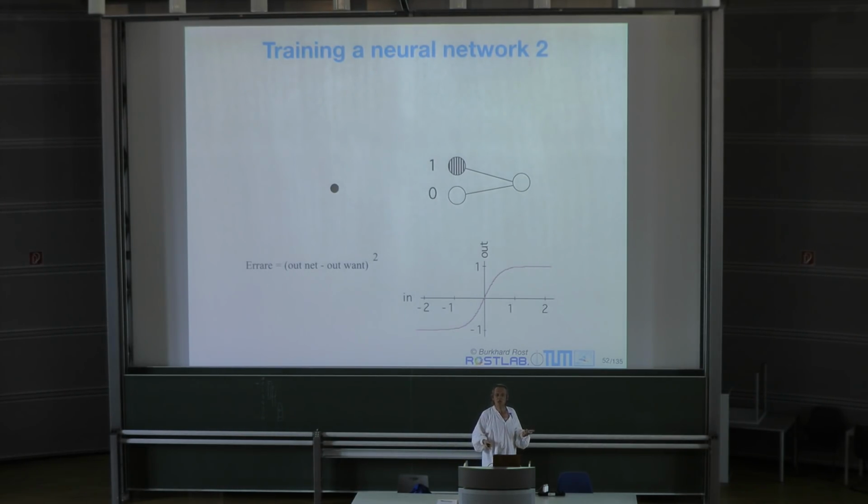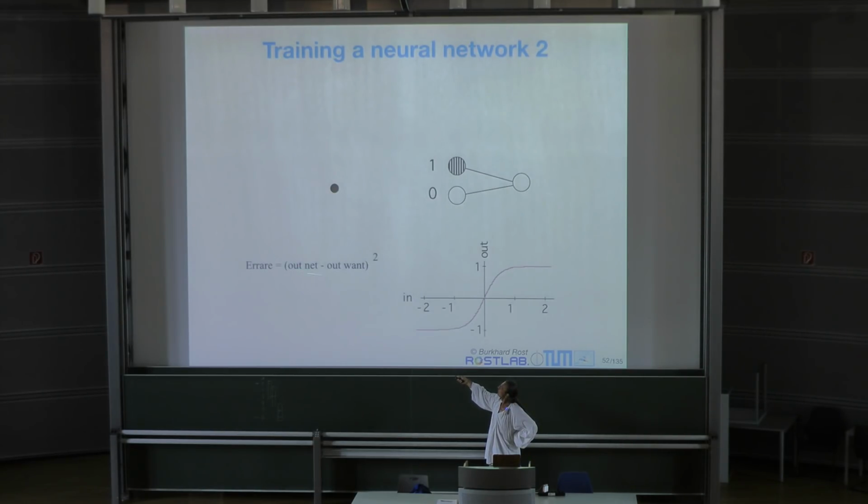You simply multiply the connections, the random initialization, times the input, you apply the switch function, and you get the output of the network. Then there's an output that you want. Say the black one you want on an output of 1, and the open one on an output of 0.